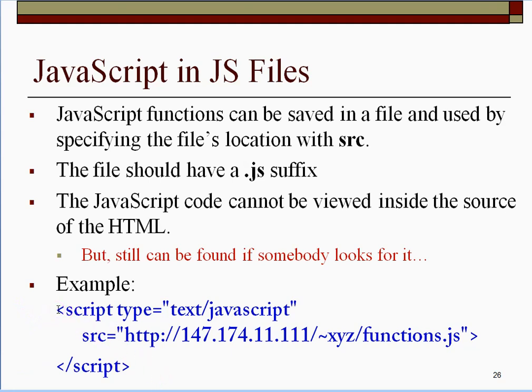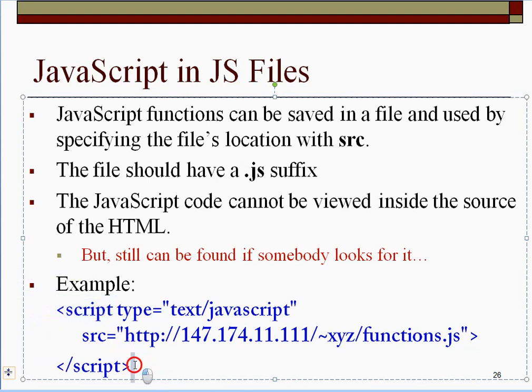Again, you have a script opening tag and a script closing tag, but instead of having statements in between these, what you have is a source attribute inside the opening tag that refers to the URL location of the JavaScript file. The file has to have a .js suffix.